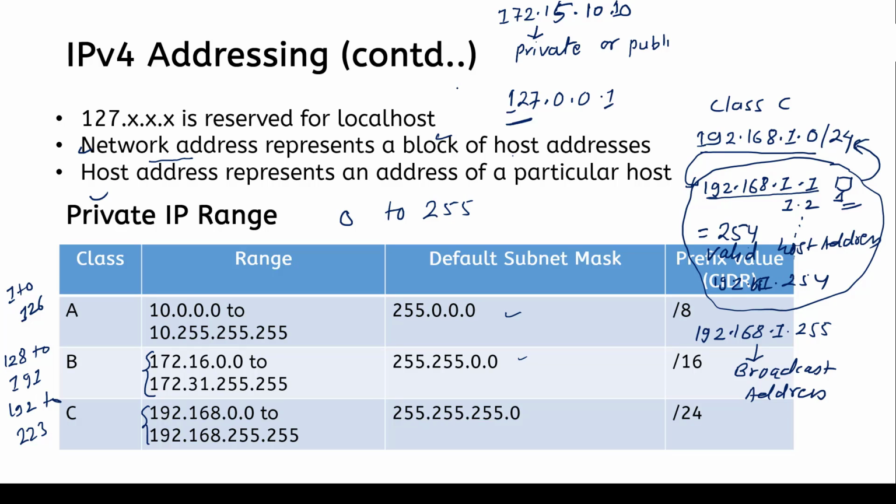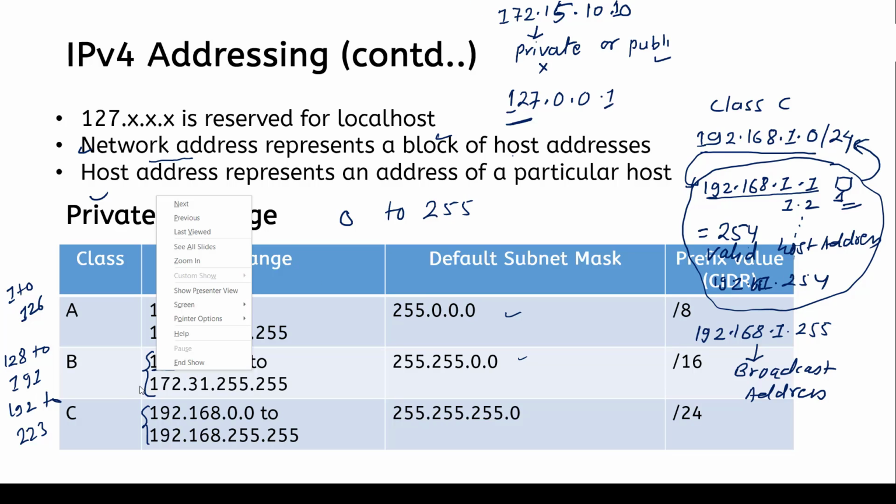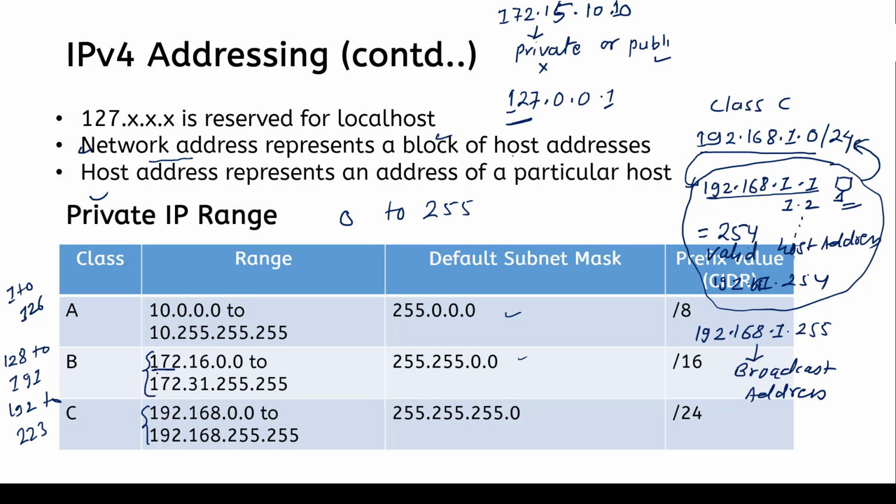This is class B public address, because to identify if a class B address is private or public, you need to see the first two blocks. Here 172.15. These two blocks should always match the range of class B private IPv4 address to be the private IP address.